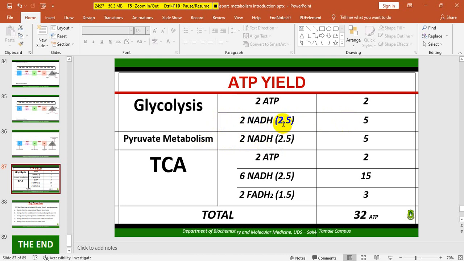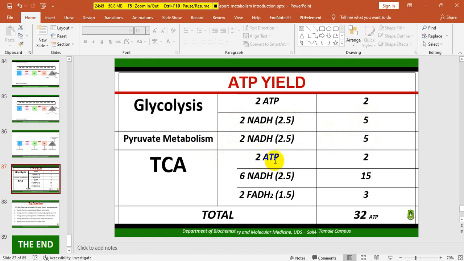The energy in 1 NADH is 2.5, so times 2 will give us 5.